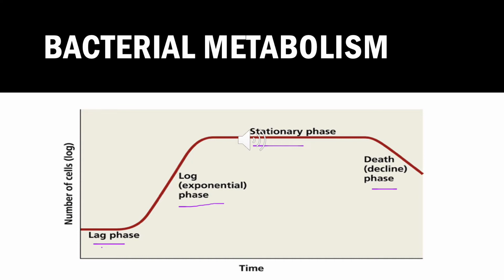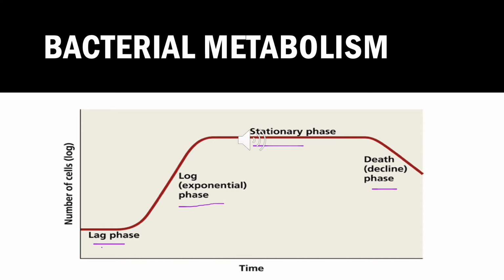So the reason I'm bringing this up is because one of the main focuses of this particular article is talking about the stationary phase, and it's discussing how there are ways to overcome this nutrient depletion issue and things of that nature.